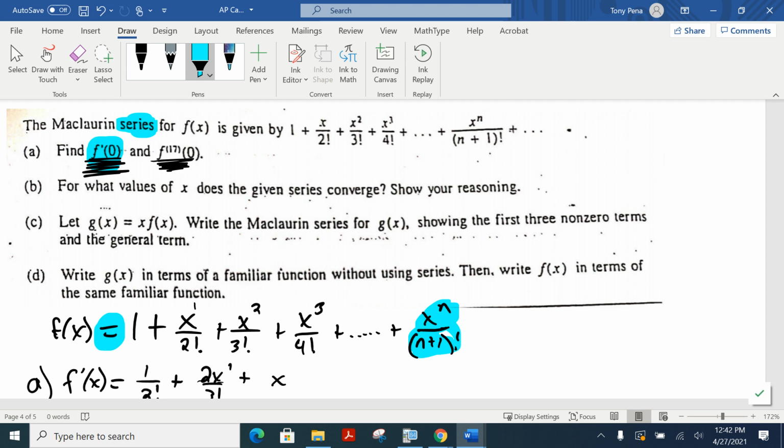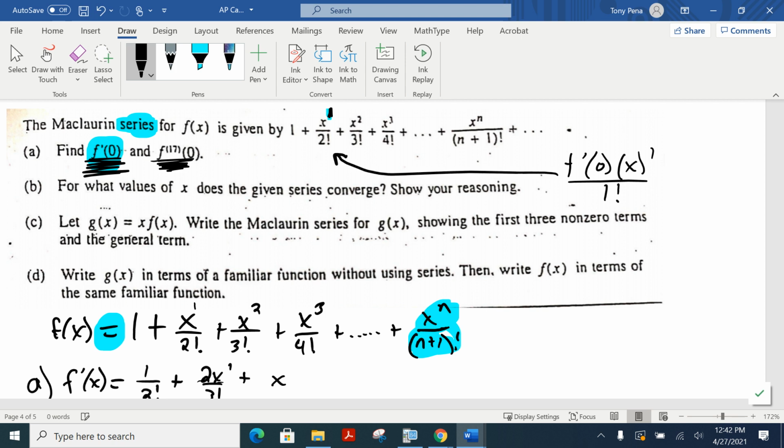If this is a Maclaurin series, and this is a power of 1, then if we did our little Maclaurin series, f primed of 0, I should then have x to the first power over a 1 factorial. Shouldn't that be this first term? So if you look at this coefficient, doesn't 1 over 2 factorial have to be equivalent to the derivative value divided by 1 factorial?